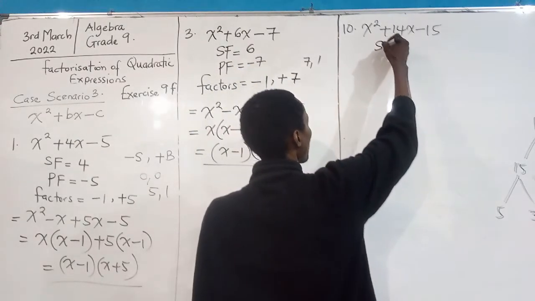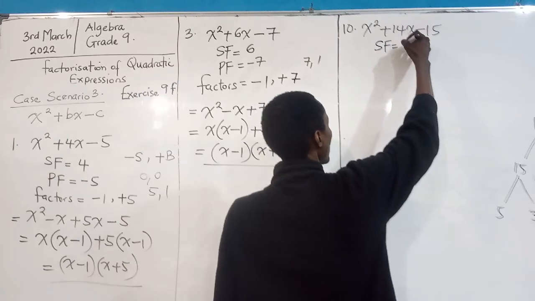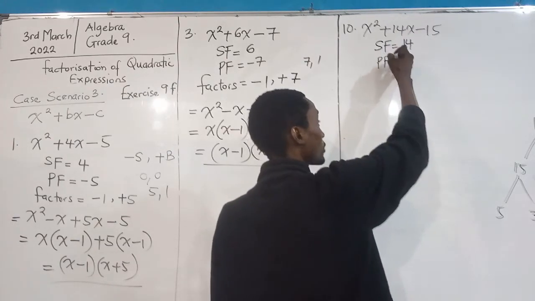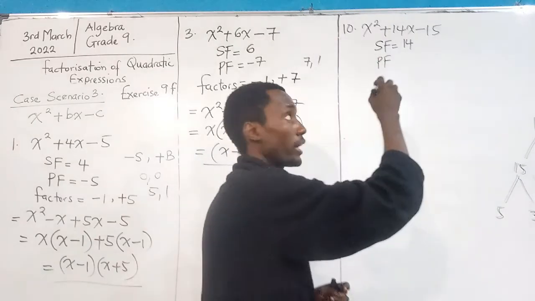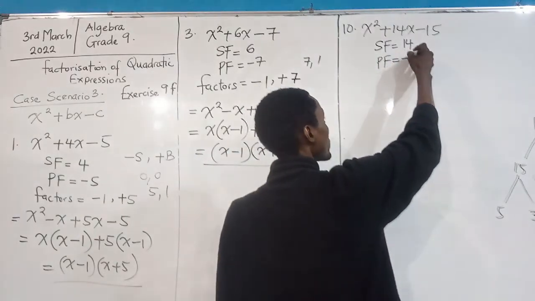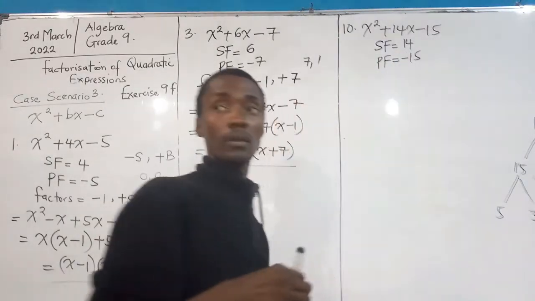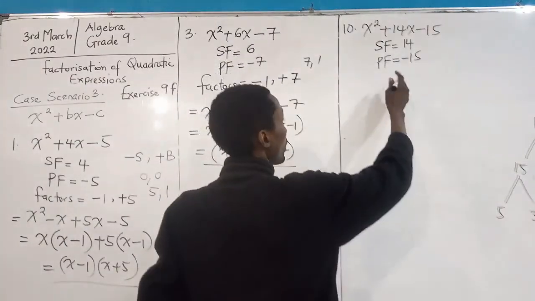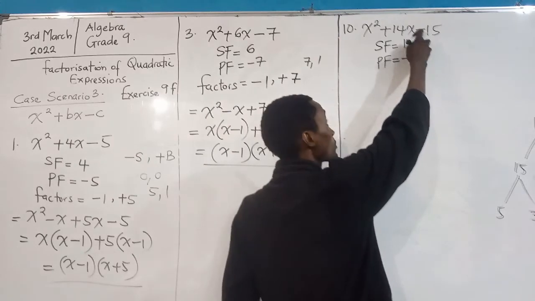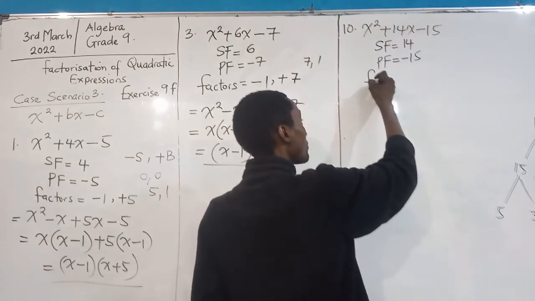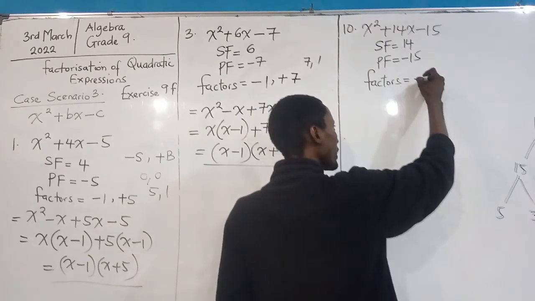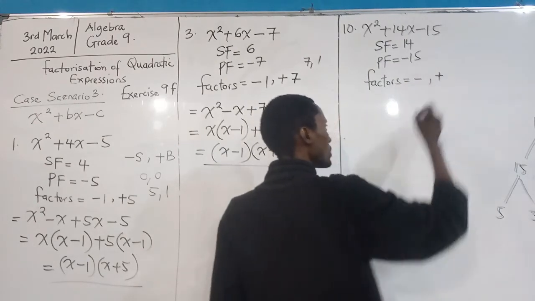So we have the sum of the factors being 14 and the product of the factors being negative 15. Alright, because the product is negative and the sum is positive, it means that our factors will essentially be one negative and the other one positive.